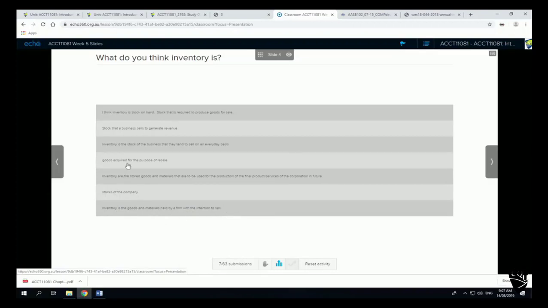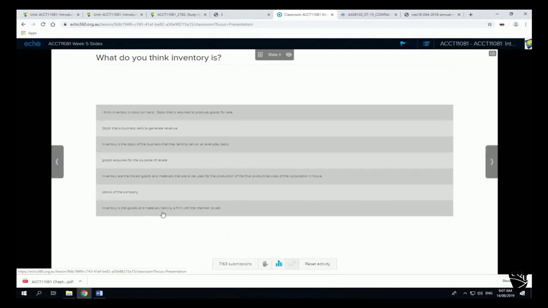Very good. So inventory generally means, and this is a summary of those submissions here, goods or property that's been purchased by the business and held for sale in the operating cycle of a business, which is right. The important point to realise, I guess, comes in this last submission here.